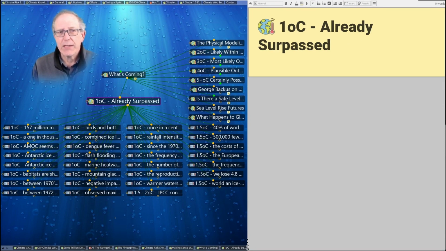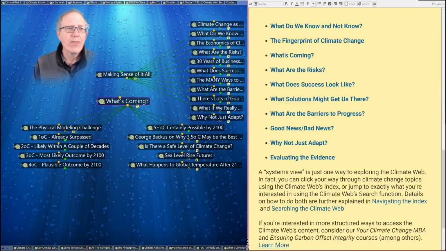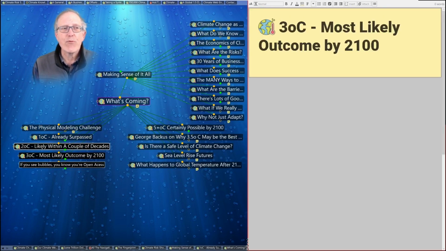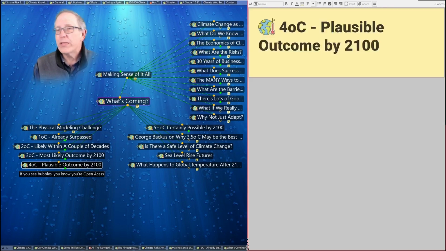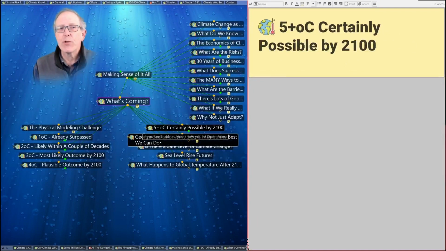These happen to be taken from one particular book, Mark Lynas's Six Degrees book, which is a very interesting compilation of lots of different estimates. So you can do the same for 2 degrees. You can do the same for 3 degrees, which is probably the most likely outcome by 2100. 4 degrees, certainly plausible. 5 degrees, certainly possible.